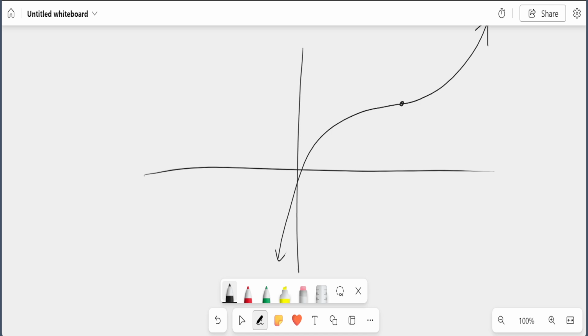And let's pick this point. What's dy/dx? Actually, I can say dy/dx is equal to 0 there, right? So that's a horizontal tangent line.